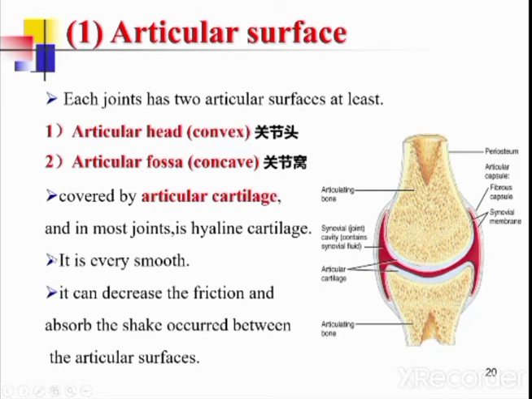The cartilage is very smooth. The function of this articular cartilage is very important. It can decrease the friction and absorb the shock occurring between the articular surfaces.